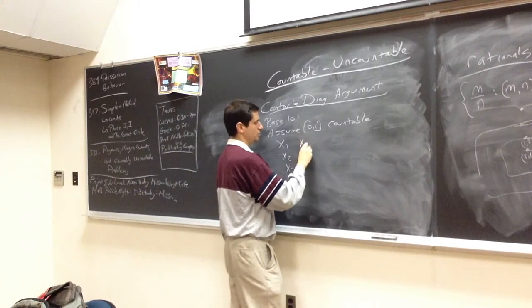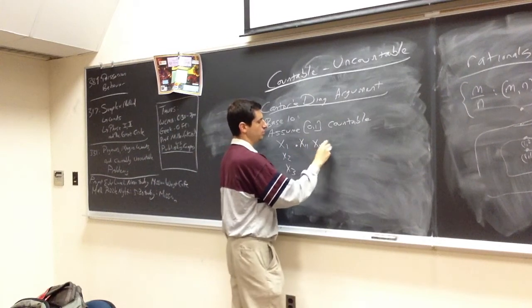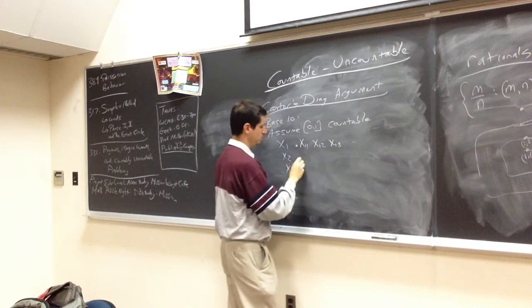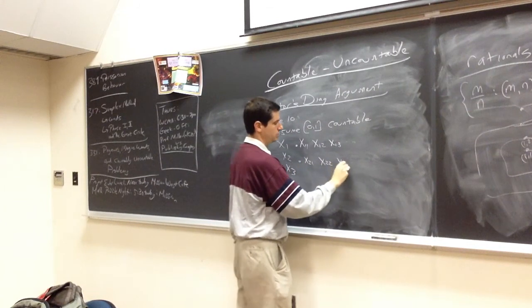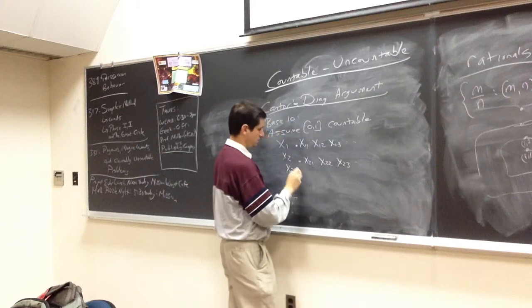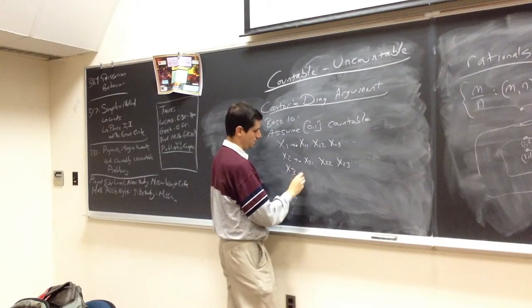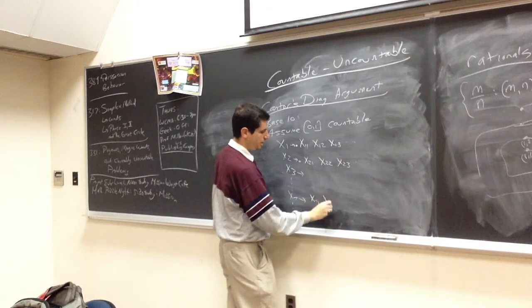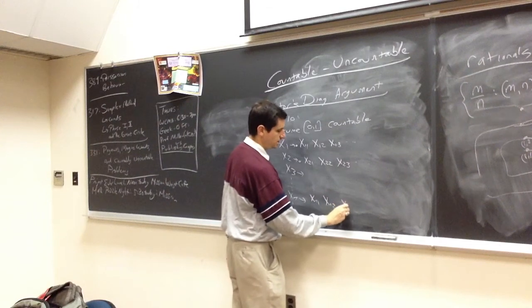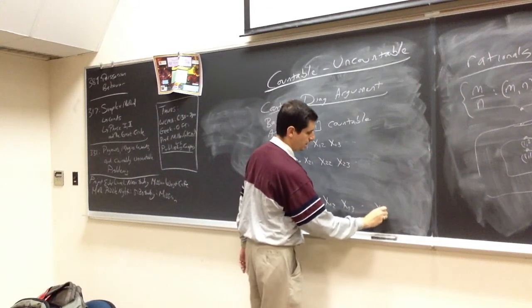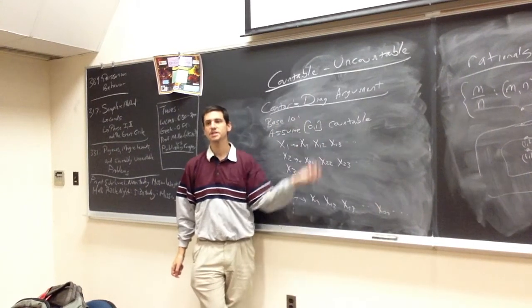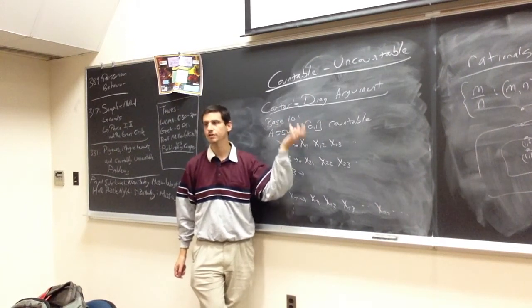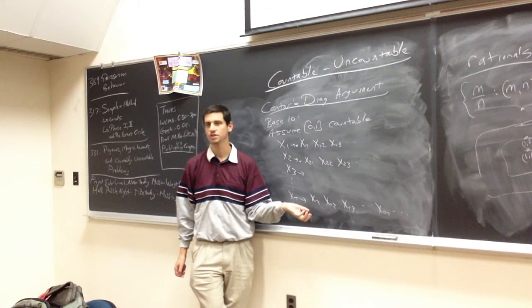We'll write it as x1 = 0.x11 x12 x13 ..., x2 = 0.x21 x22 x23 ..., xn = 0.xn1 xn2 xn3 ... xnn ... And we're assuming this list is complete, that every real number in (0, 1) is included in this list.